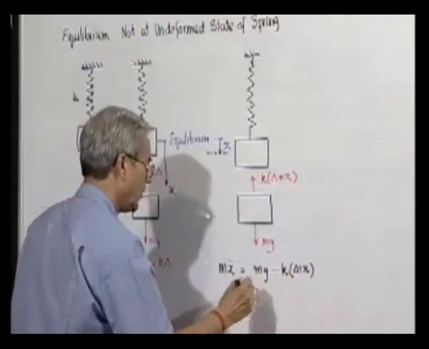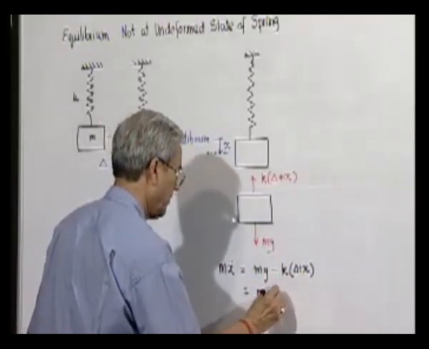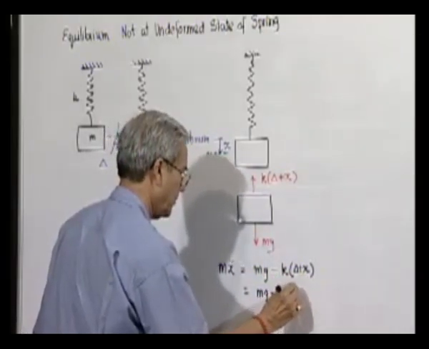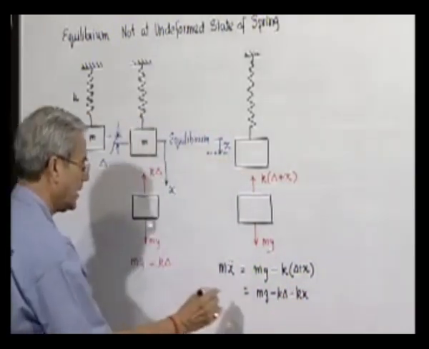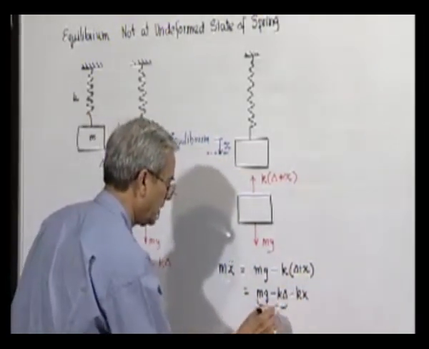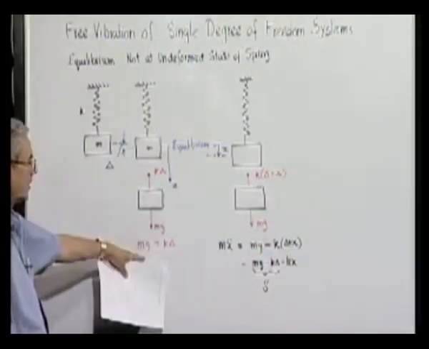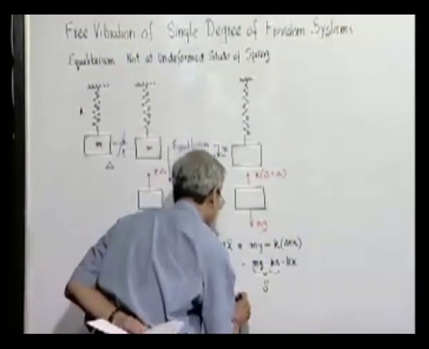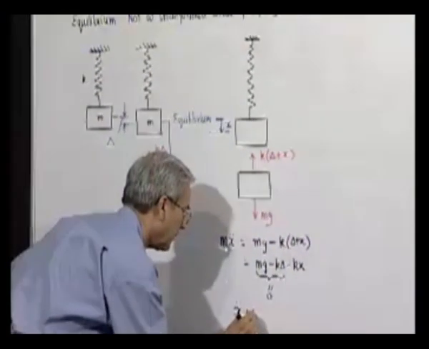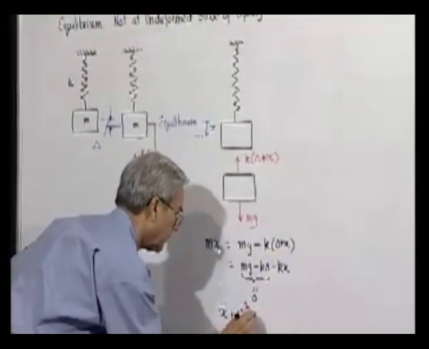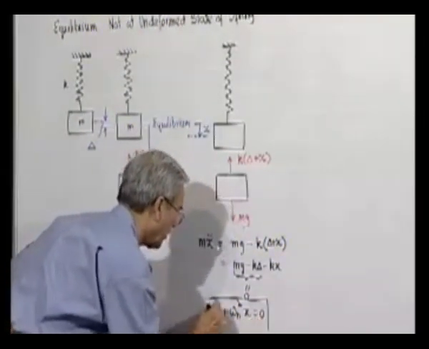Or when you expand, now this, as you can see, is equal to 0 from this. So therefore finally we again get back the same form of equation.